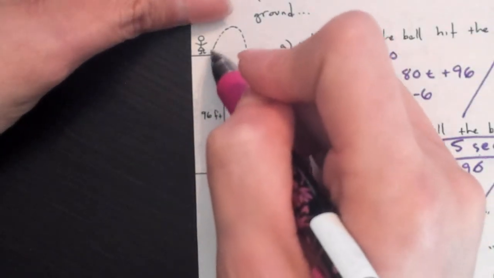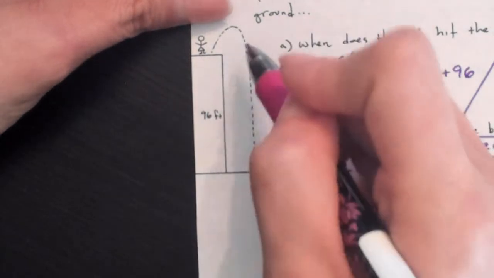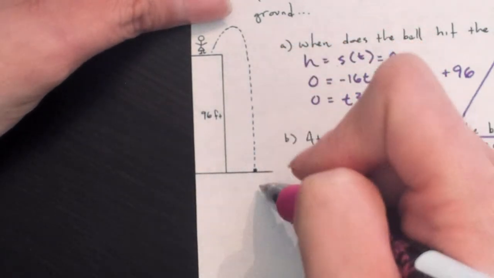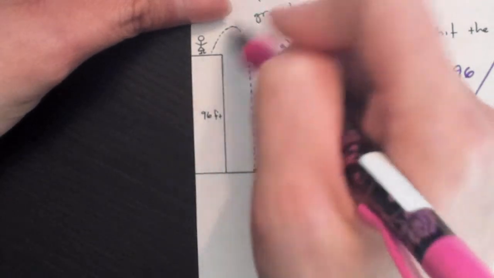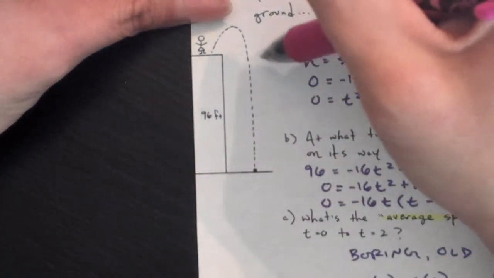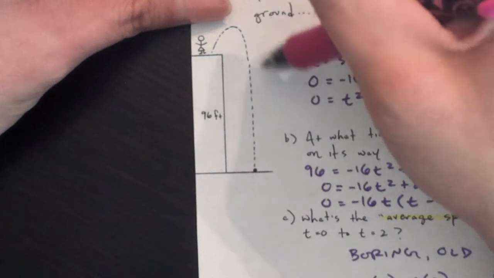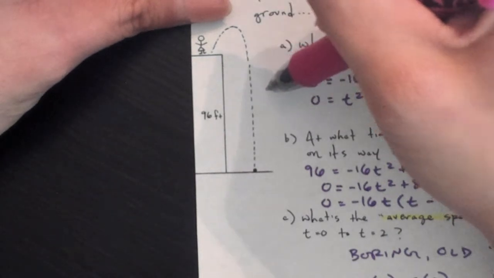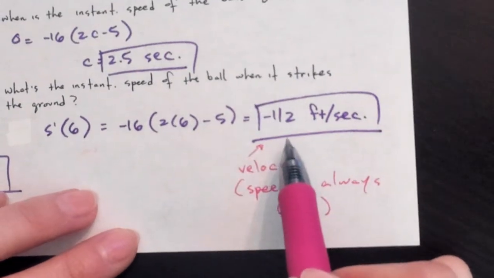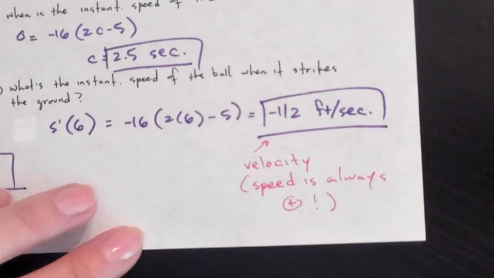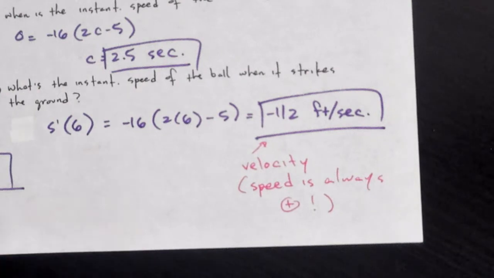So this would be positive velocity, and these all will be negative velocity. When you find the derivative, these will all be positive derivatives because the slope is positive here. And then these over here will all be negative derivatives because the slope is negative there. Okay, so right now, if this is your answer, it's fine, but technically speed is always positive. So that's why the book's answer is sometimes positive and yours is negative.